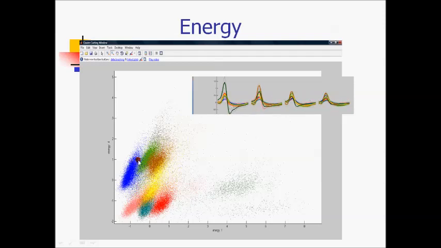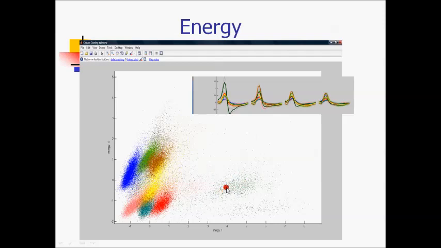Here is an example of multiple average waveforms recorded at one tetrode, and it would be really difficult with the typical old method to find the differences between those spikes. But plotting in this energy space, you start seeing those clusters, those places where there is a higher probability for the dots to be located.